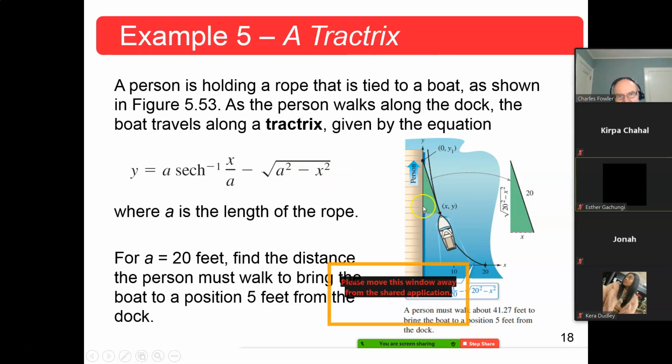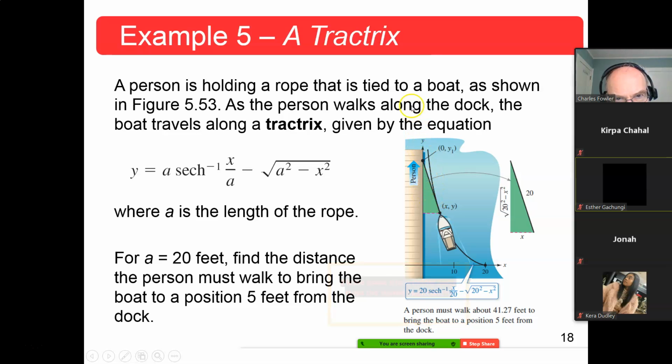According here, the distance the person walked to here, Y1, from Y equal to 0 to down here. You can't really see it because that box is in the way, but here's Y equal to 0 to here. That's your Y1, whereas Y is the variable for how far you've walked.